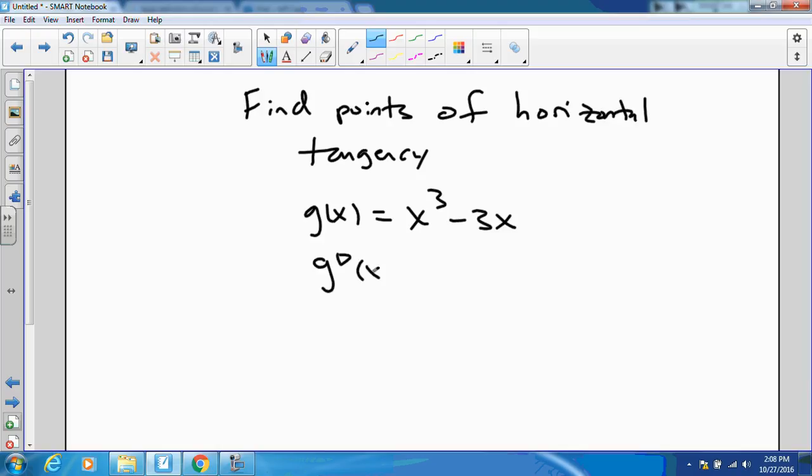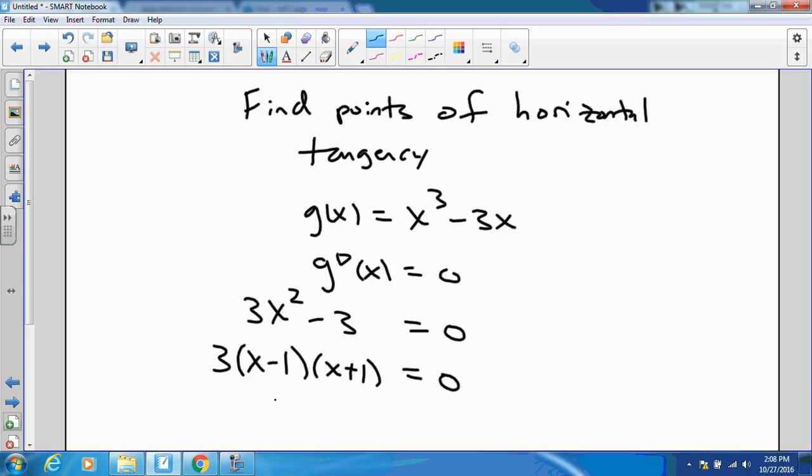Exactly so. Because my tangent line is horizontal, it has a slope of 0, and the slope of the tangent line is g prime. So this should really be the first thing that goes on my paper. And then we can fill in the details, because g prime of x is 3x squared minus 3. And now we can solve by factoring. And we're done.